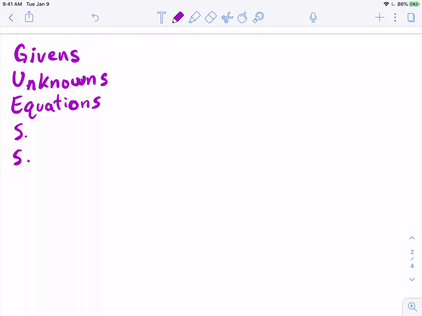And the last step of the GUESS method, the last two steps are kind of interchangeable depending on how you like to work your equations out. Really, what's left to do here is to work out your equations. And how are you going to work them out? Well, first thing you're going to need to do is take the letters in your equations and put in numbers for them. So you can do plussing and minusing and multiplying and dividing. And so we're going to need substitutions.